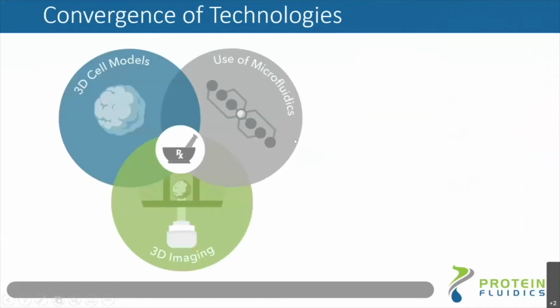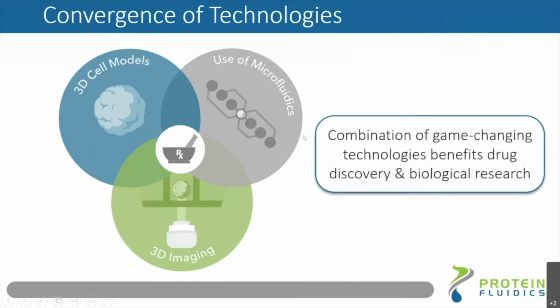So we have worked with Molecular Devices to combine our microfluidic automated organoid system with their high content 3D imaging systems to really produce something that can help you do your 3D cell model assays. And we believe that this can have a big impact on your ability to do drug discovery, biological research with these exciting new cell models.